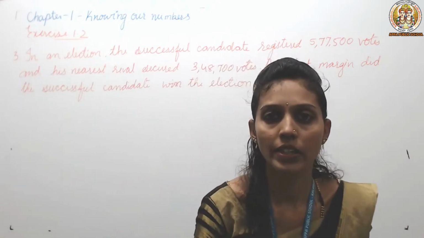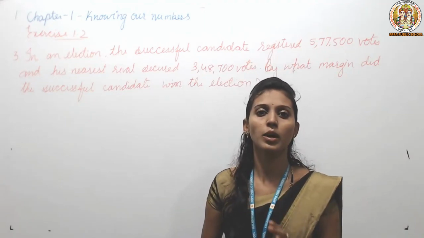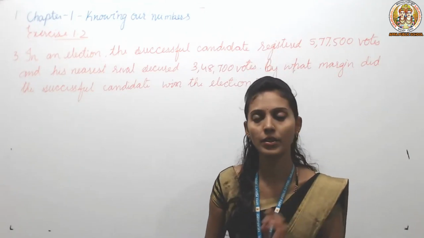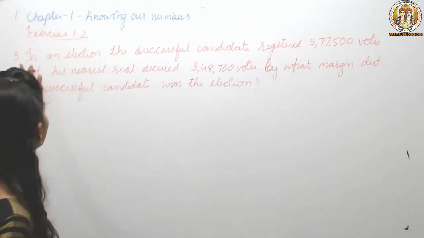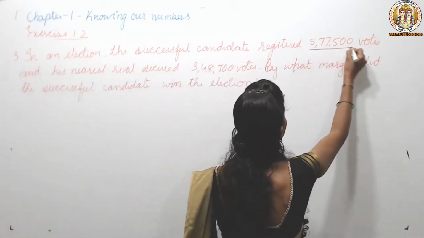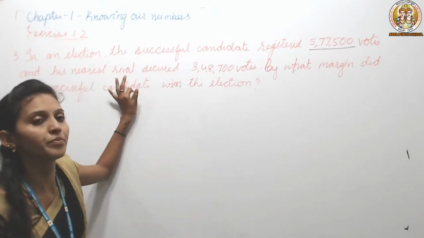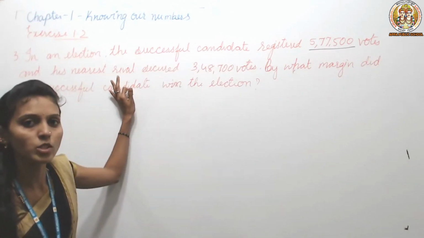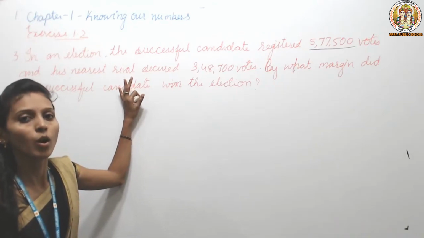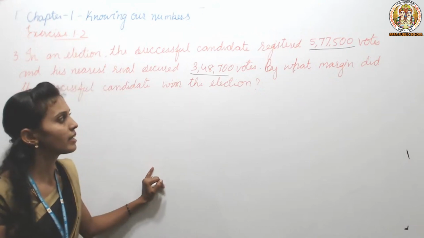Now, read the problem once again. For story problem, keep it in mind. You have to read it clearly. Okay? Now, see. In an election, the successful candidate registered 5,77,500 votes and his nearest rival, means his opponent, has secured 3,48,700 votes.